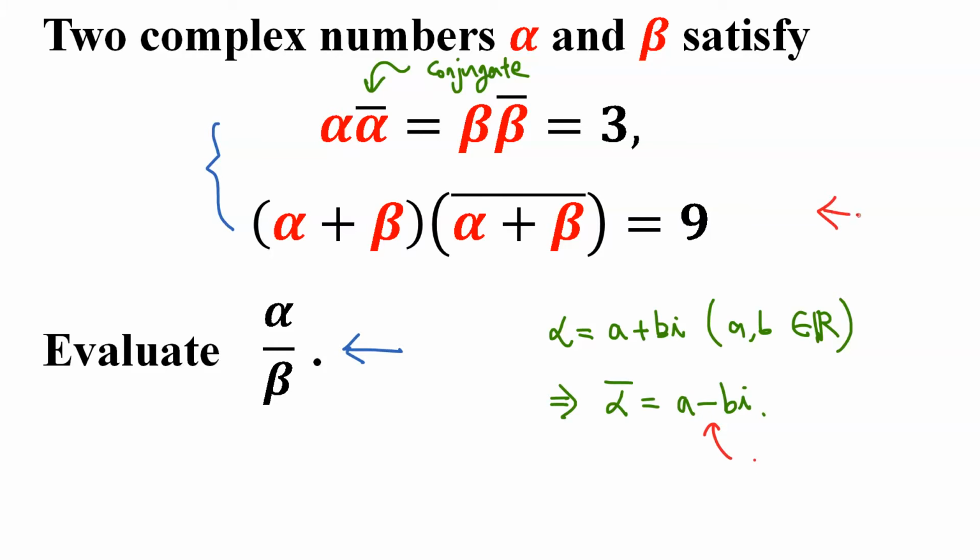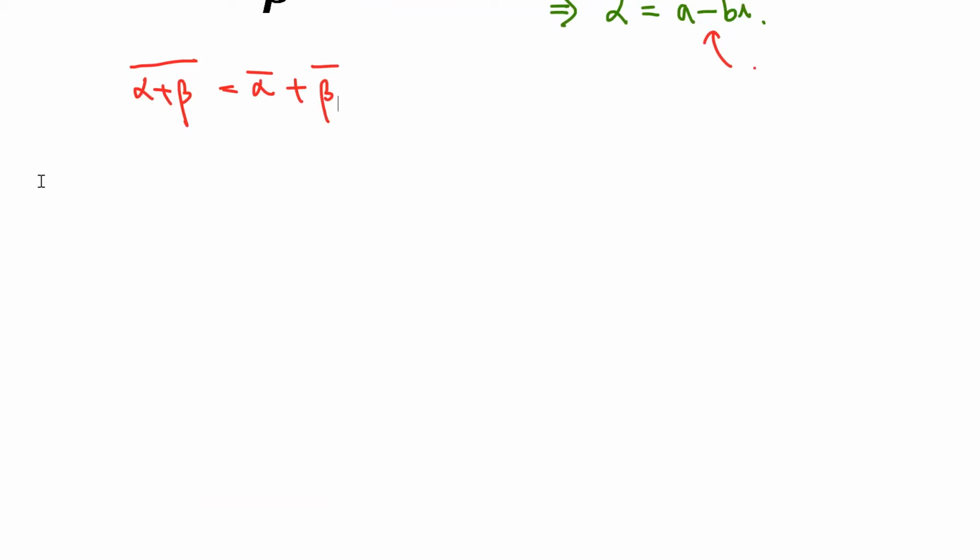Alright, so let's start from here, and we will use the following property of the complex conjugate: the bar of alpha plus beta is alpha bar plus beta bar. So with this property, we have (alpha plus beta) times (alpha bar plus beta bar) equals 9.